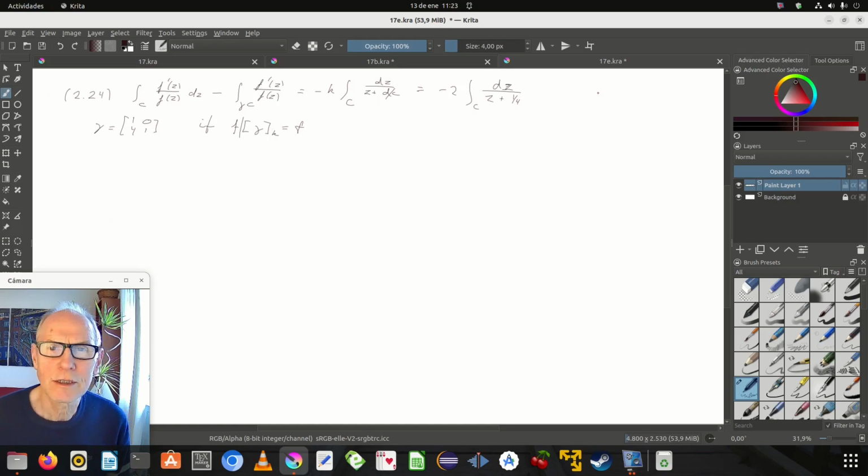So that's z equals -1/4 plus 1/4 e to I theta, where theta goes from pi to naught. So we are going the negative way. How lovely.